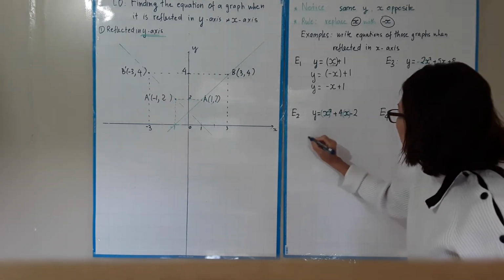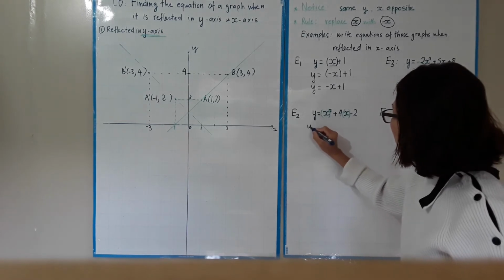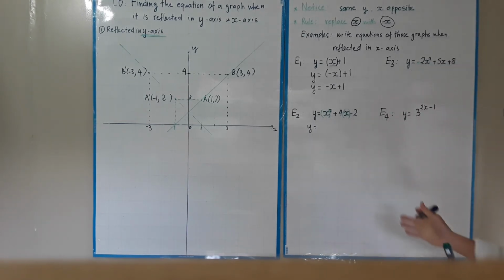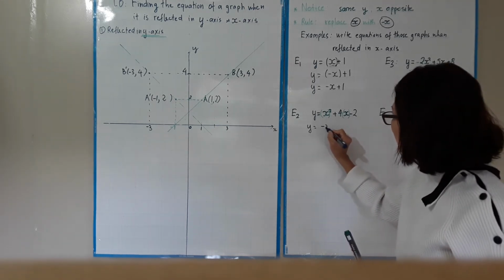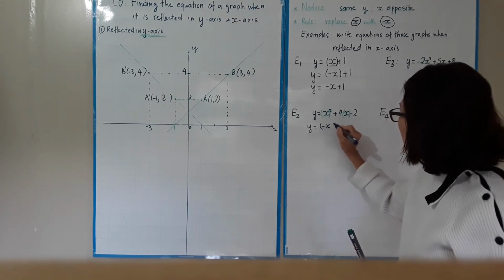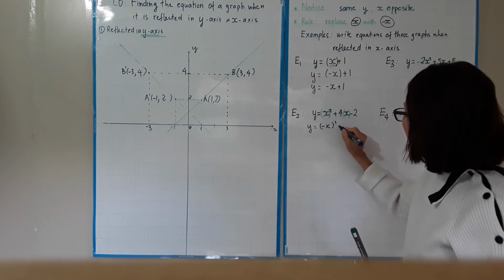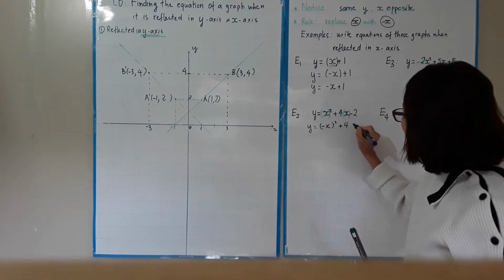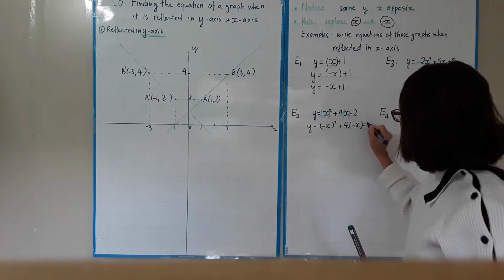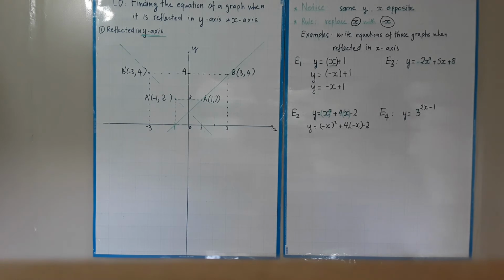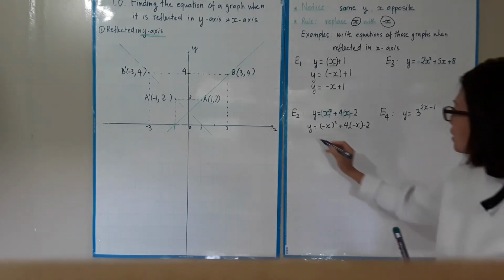And we rewrite it: y equals x will be replaced with -x, all of it squared, plus 4 times -x, then take away 2. Then you have to simplify it.